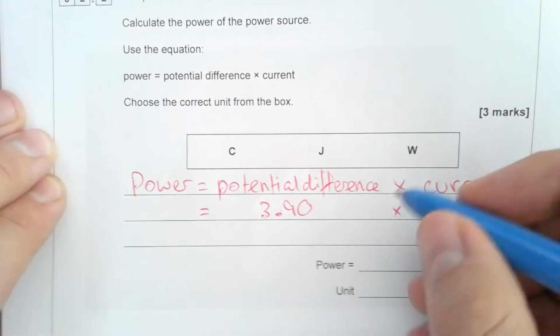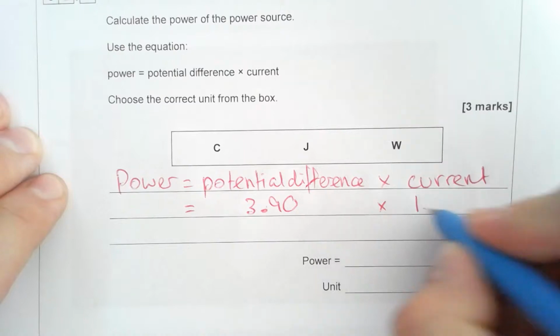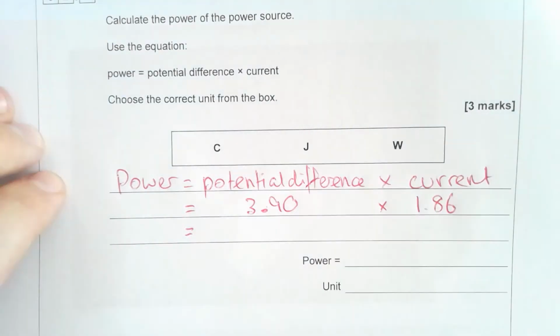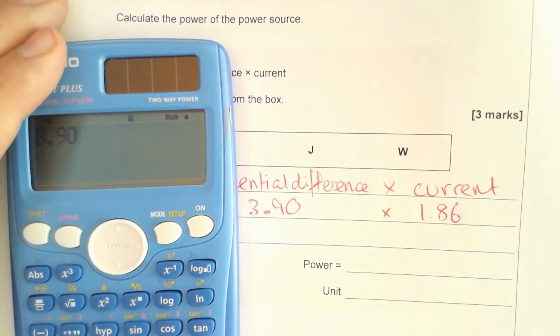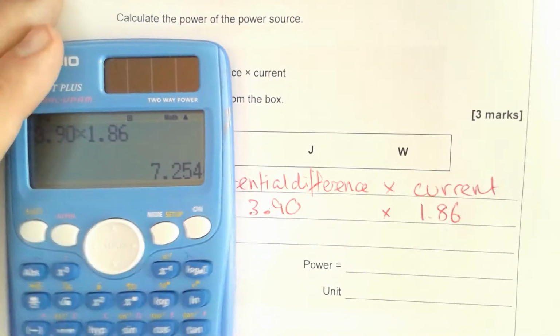The current was 1.86, and that gives our result as 7.254.